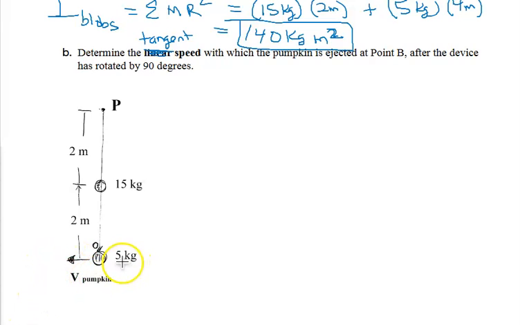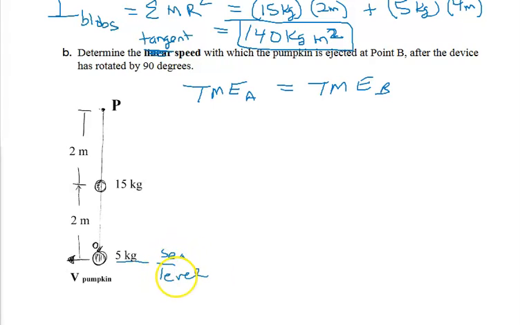All right, so what you have is, again, mass changing height. So you're going to say that TME of the first picture equals the TME of the second picture. And I like to set sea level to the lowest point. You have two options.